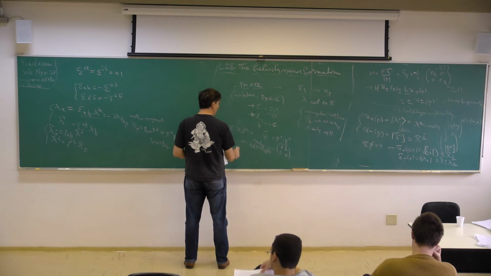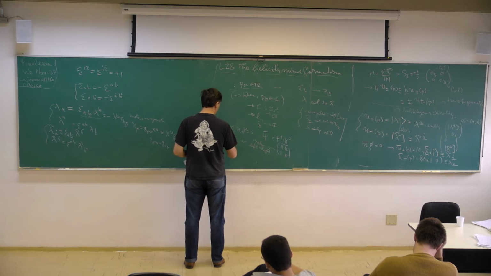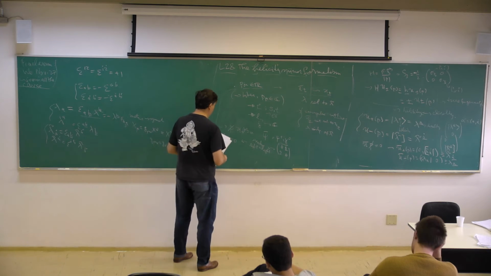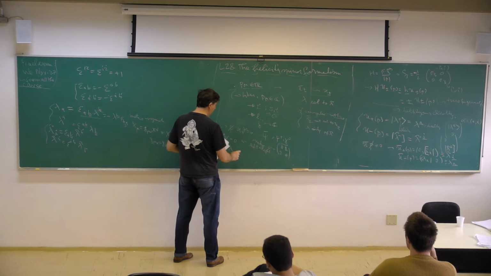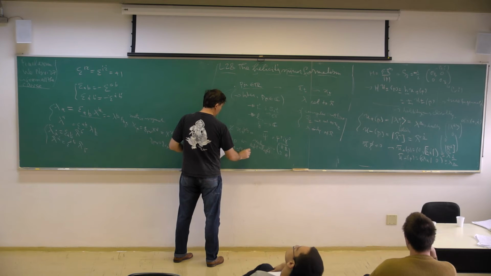That means that when I take the bar of this, I obtain this solution, but where I have the identification of λ_A equal to λ̃_Ȧ complex conjugate.